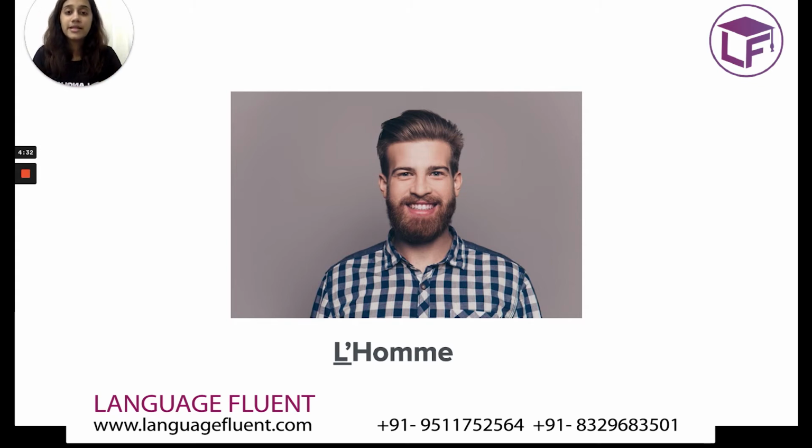So we have basically homme, which means a man. So H vowel. So we are going to not say le homme, and we are going to club it and we are going to say l'apostrophe homme. Hence we use l'apostrophe whenever a subject starts with a vowel, no matter whether it's feminine or masculine. So it becomes l'homme, the pronunciation, which means the man. So we're again referring to the specific man. So we're saying l'homme.